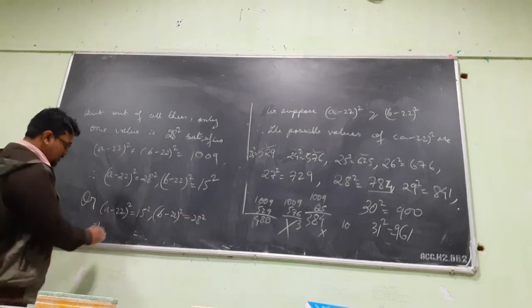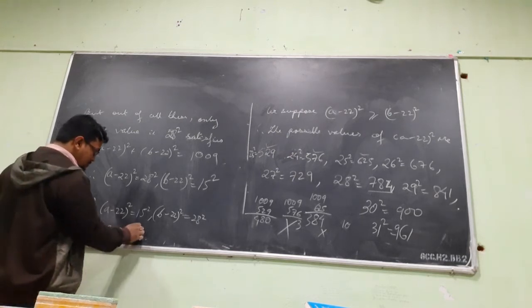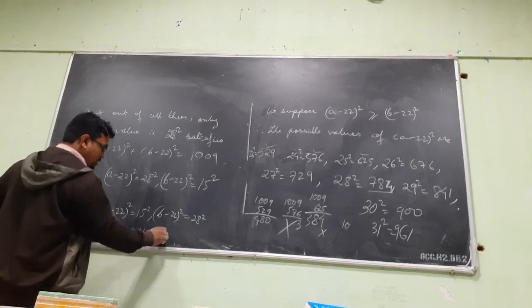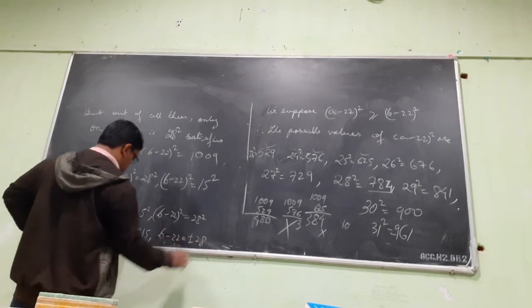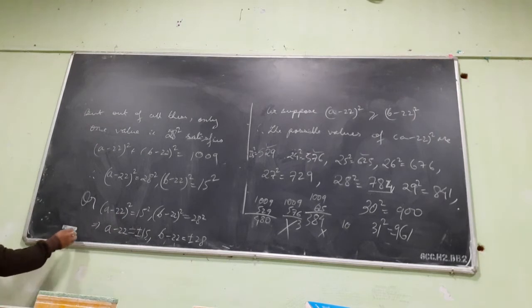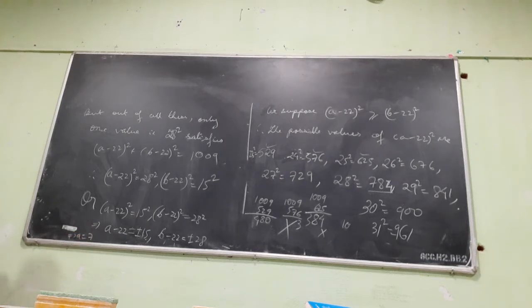So from here, a minus 22 is plus or minus 15, and b minus 22 is plus or minus 28. So a is 22 minus 15, which is 7, or 37.